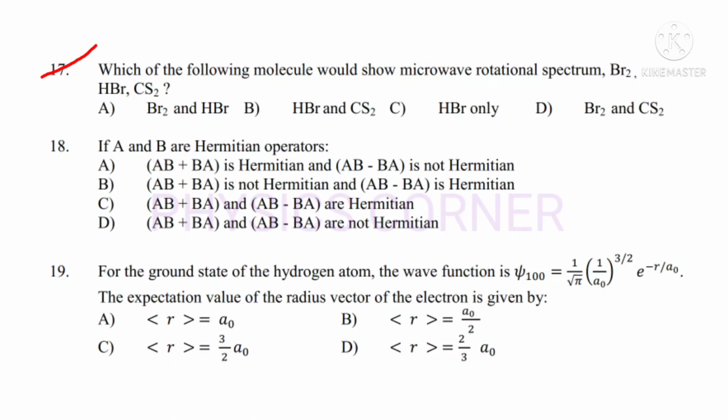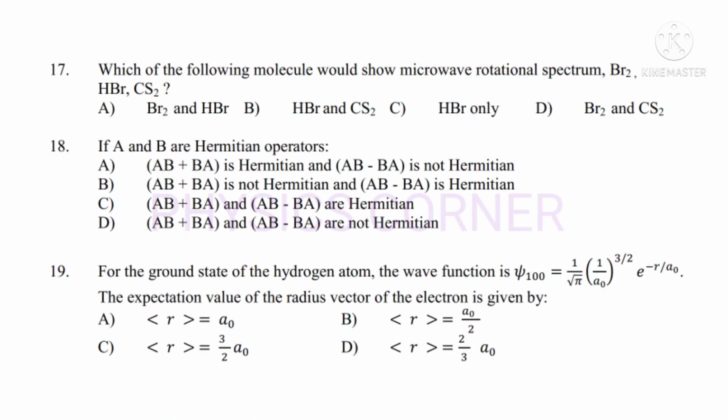So the concept here is that to be microwave active, the molecule must have a permanent net dipole moment. Okay, and only the hydrogen bromide molecule has the net dipole moment here. So option C is the answer.